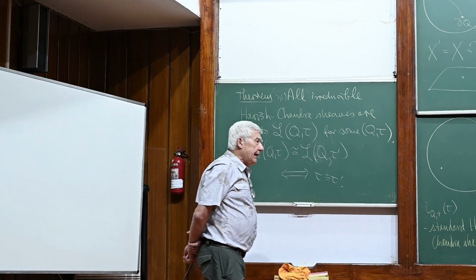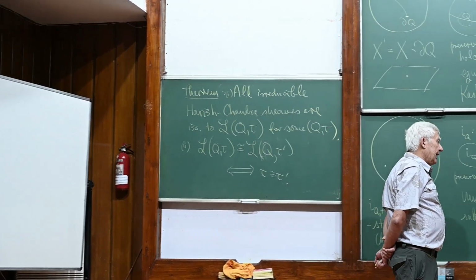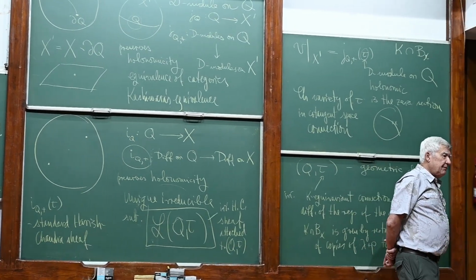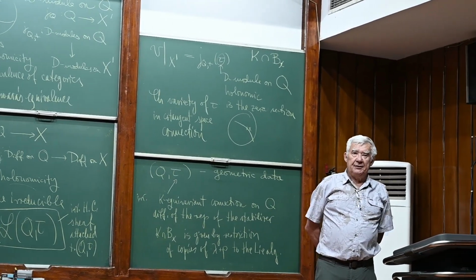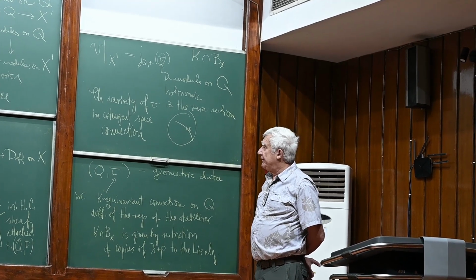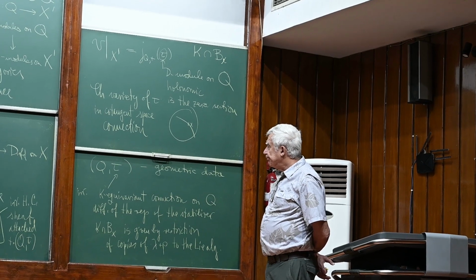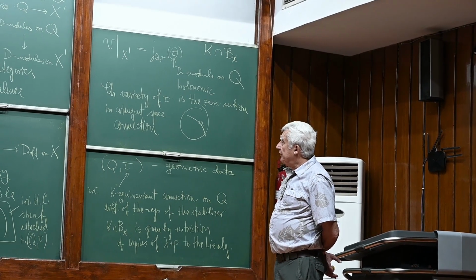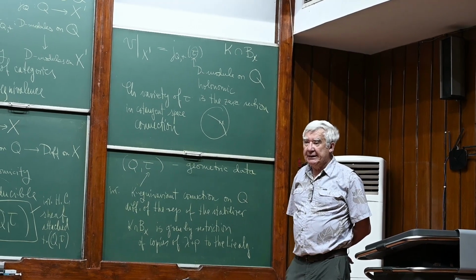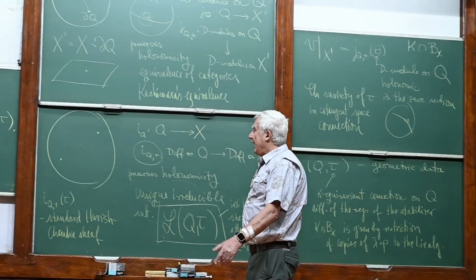So we see that for a given infinitesimal character, we have finitely many irreducible Harshchandra modules, and we got it just using this localization technique.